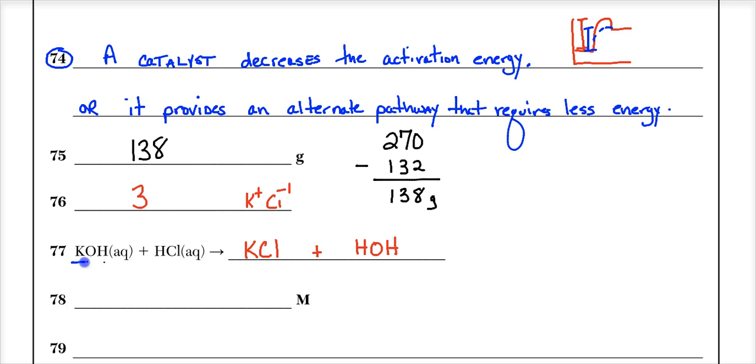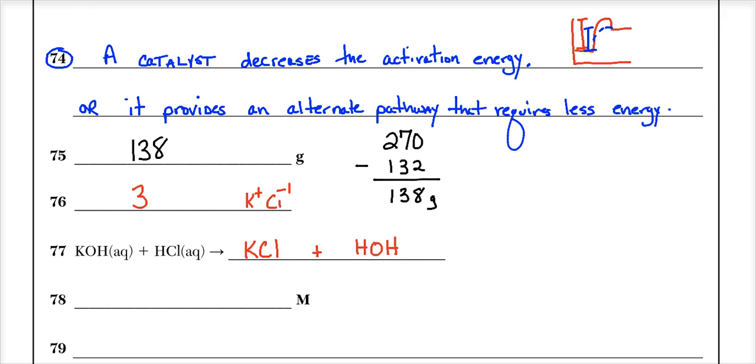But if you're not sure, 1K, 1K. 1 hydroxide, 1 hydroxide. 1H outside of a hydroxide, 1H, 1Cl if you want to look at it that way. We should have the same mass on both sides because of the law of conservation of mass, but we should have the same number and same type of atoms on both sides, and we do here.